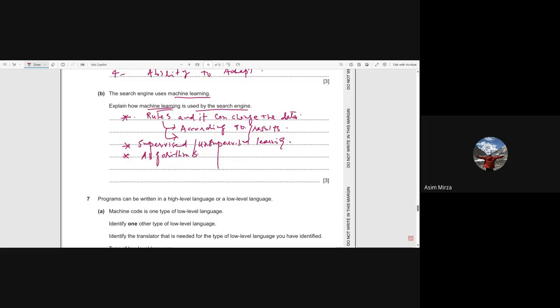It uses algorithms to decide what comes first in the search, right? Rules, and it can use the data according to the results and feedback, supervised and unsupervised learning, and it uses algorithms to decide what comes first in the search. So I hope you understand this part.